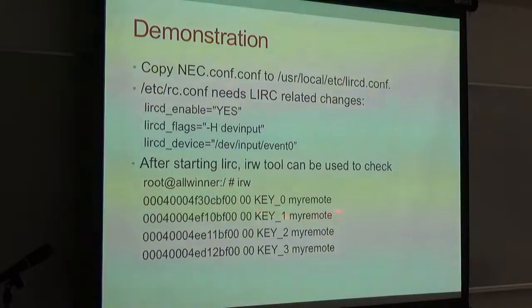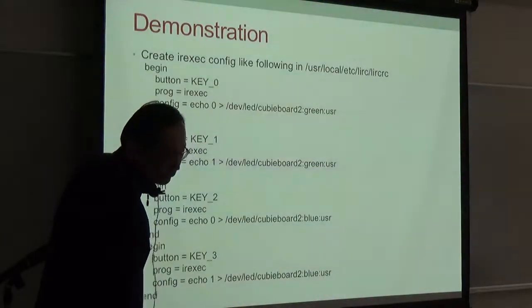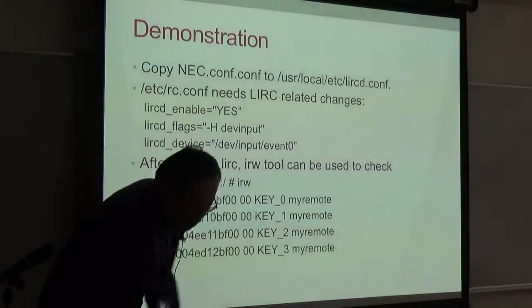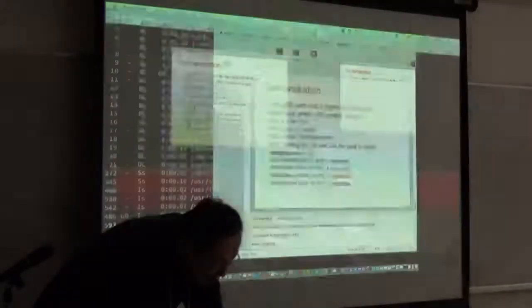So the output would be like this, like key 0, my remote is in a config file. I just renamed it inside the name. I'll show something on the board. Let's see.